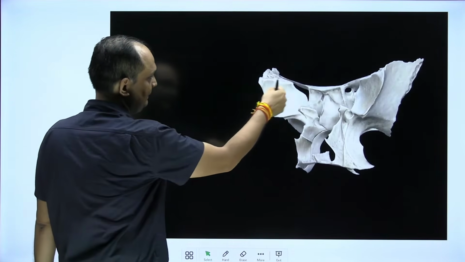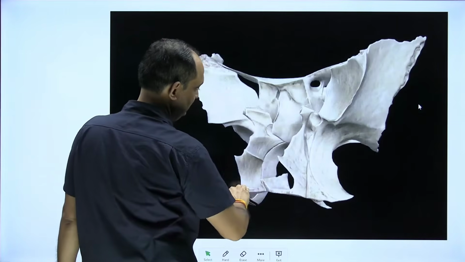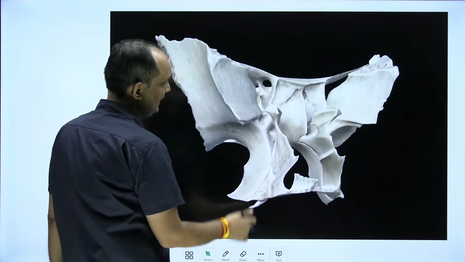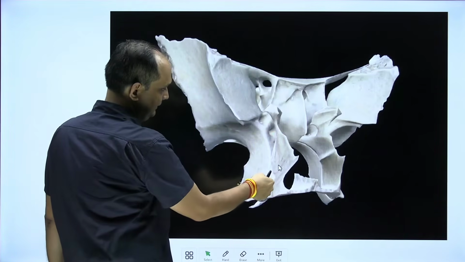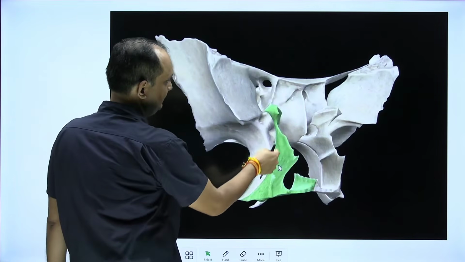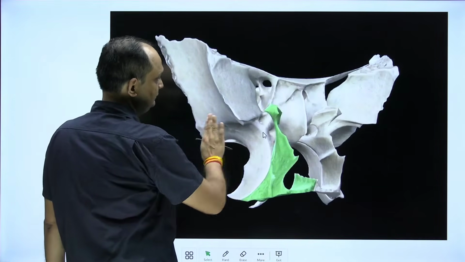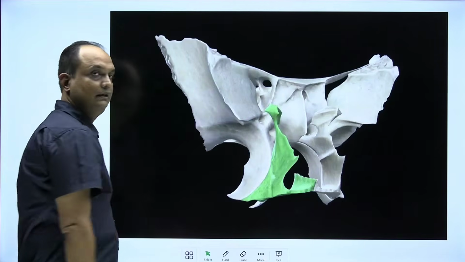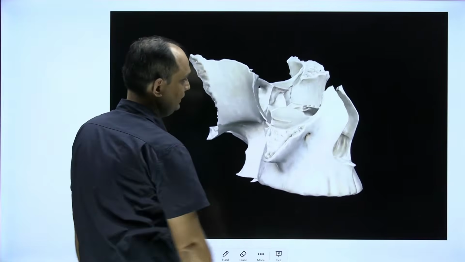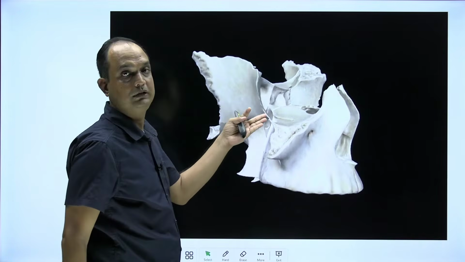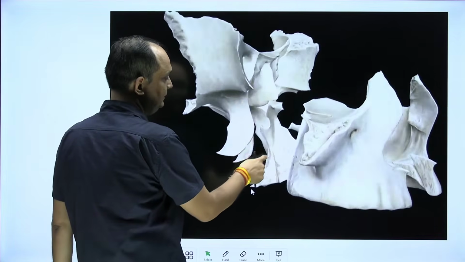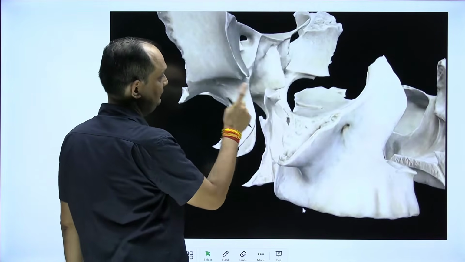So this is the perpendicular plate, this is the horizontal plate, and once this makes a joint, you can see that this plate is articulating here, and this becomes the hard palate, and this perpendicular plate becomes the medial wall of the pterygopalatine fossa. Clear? And when you place the maxilla in front, the pterygopalatine fossa is no more visible, and from the lateral side the opening that has been created is known as the pterygomaxillary fissure.